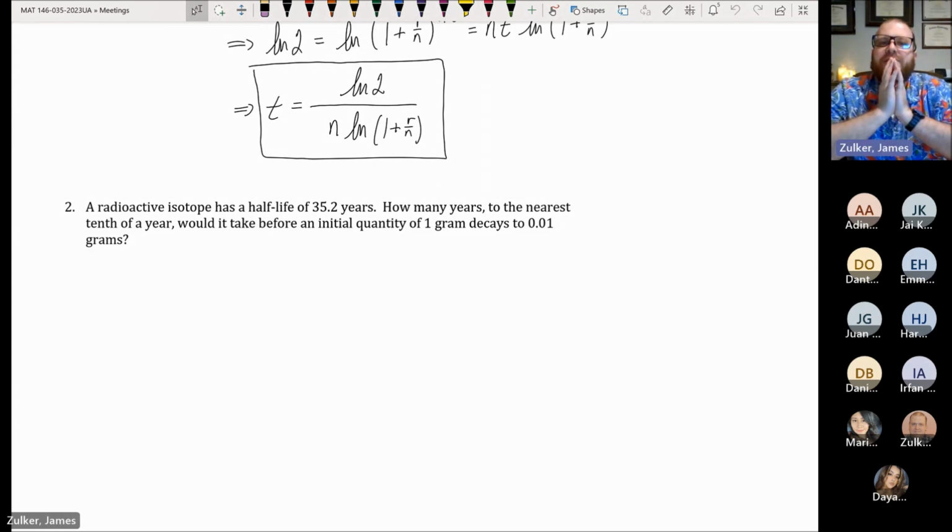We are going to obviously ignore quantum effects. And we're just going to assume that it will always take 35.2 years for half of the amount to decay.